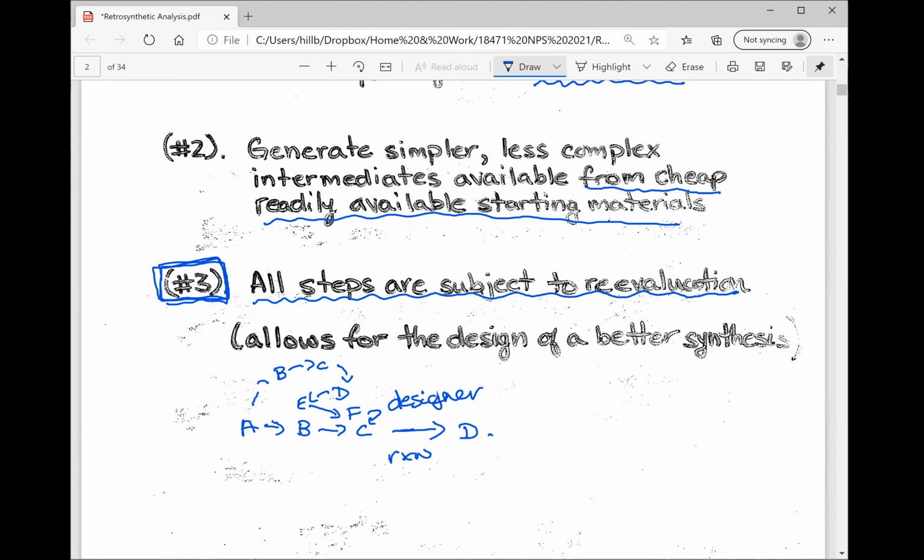It works, but anyway, that's just a little color commentary there.